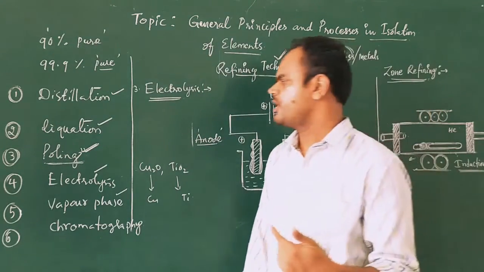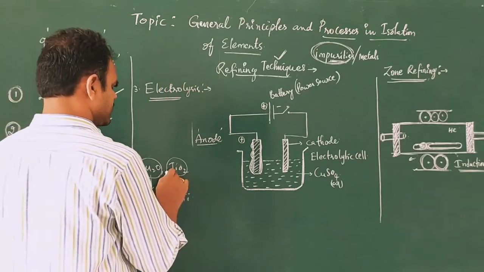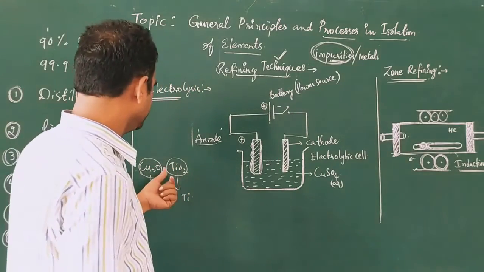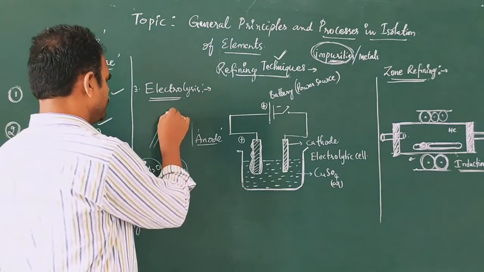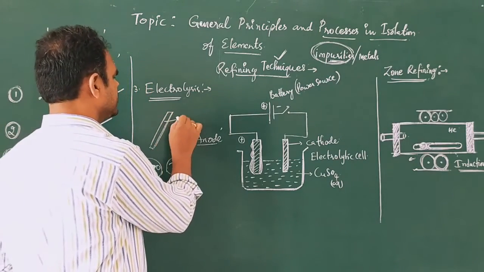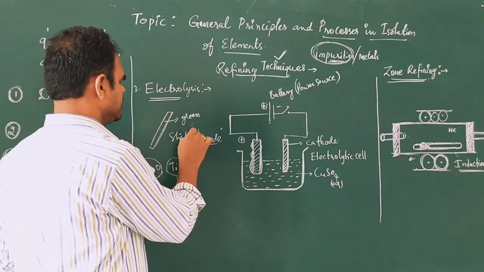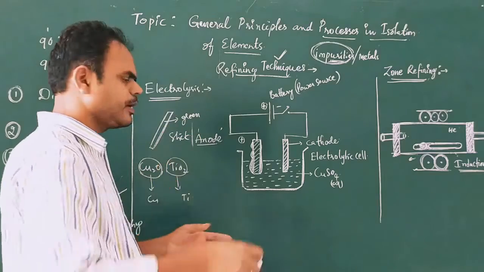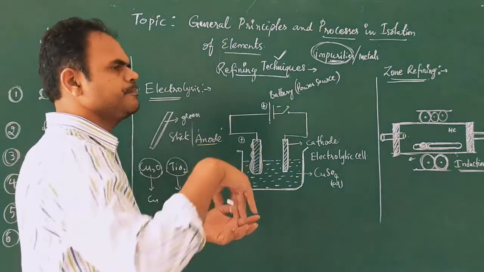In this technique, while heating the cuprous oxide and titanium oxide at high temperature, we use long poles of green sticks. These green sticks are used for stirring the molten cuprous oxide and molten titanium oxide.